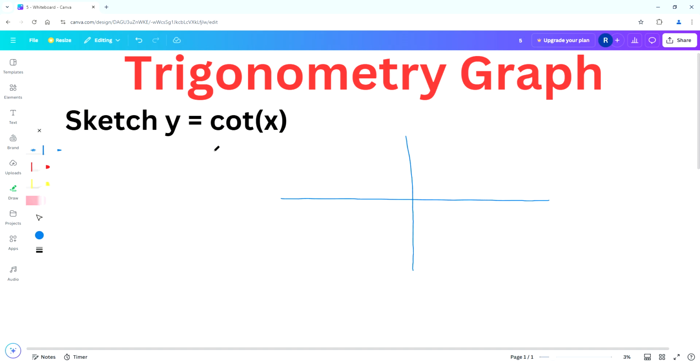For y equals tan x, the first vertical asymptote to the right side of the y-axis is at pi over 2. The first vertical asymptote to the left side of the y-axis for tan x is at negative pi over 2.